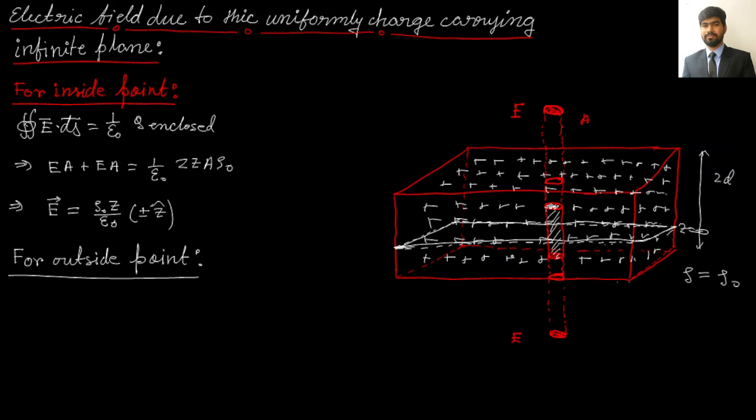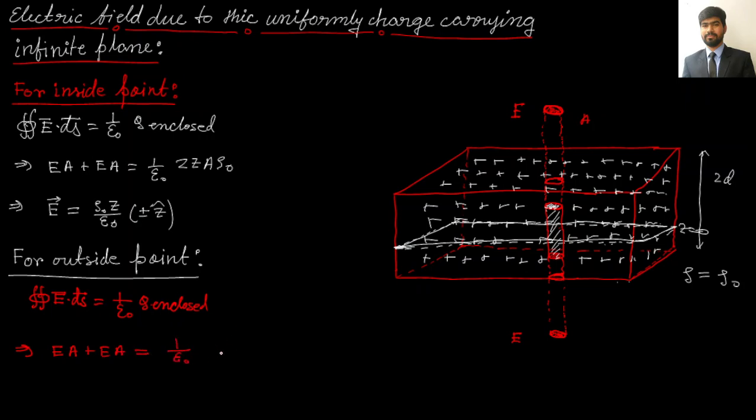And if we consider this is E and E, then according to Gauss law, E dot ds is equals to 1 by epsilon naught q enclosed, and then this E dot ds will give you simply E into A for top surface and E into A for bottom surface, and this is equals to now enclosed charge.